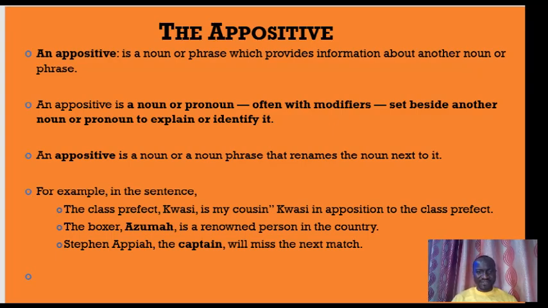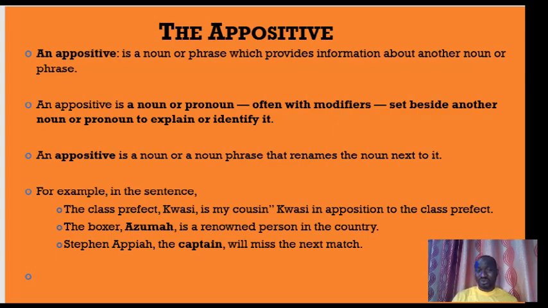An appositive is a noun or a noun phrase that renames the noun next to it. For example, the class prefect, Kwesi, is my cousin. Kwesi is in opposition to the class prefect. Why? Kwesi is giving us more information about the class prefect.